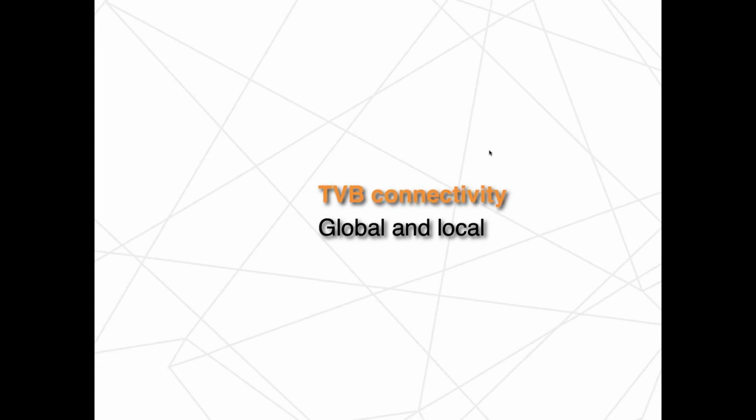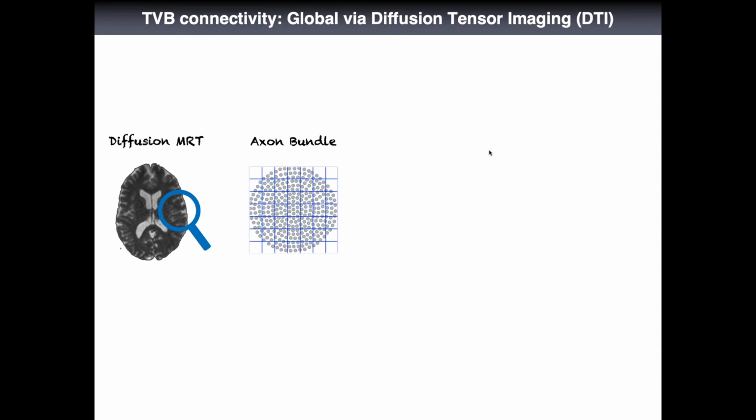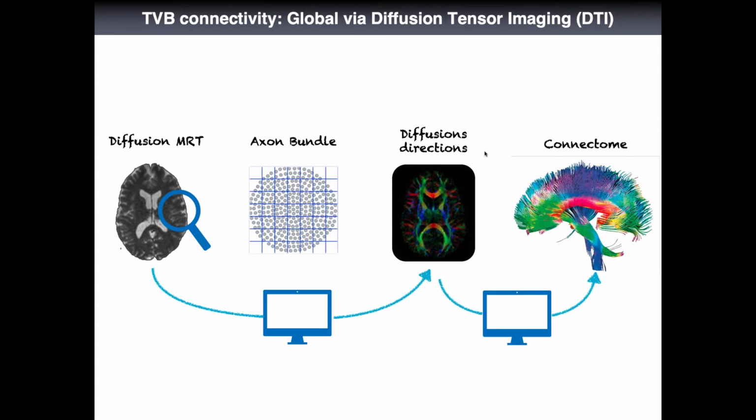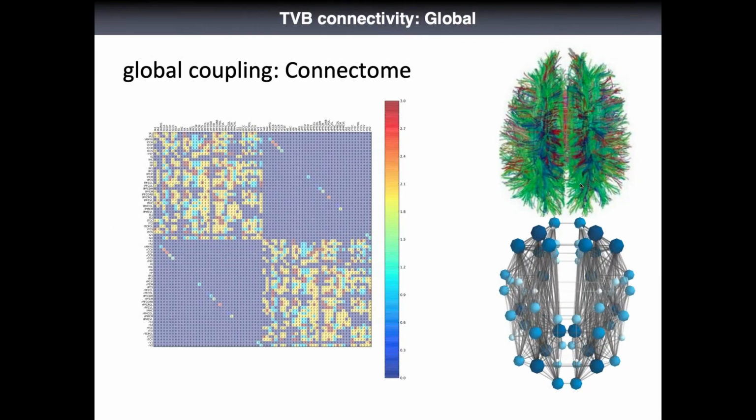Now, we need also to connect this network, of course, and this happens through global and local connections. First of all, global connections, which we construct via diffusion tensor imaging. We start from diffusion MRI, with which we can track axon bundles as they leave one region and go to another. There are algorithms that help us reconstruct the diffusion directions, and then using deterministic or stochastic algorithms, we can get representations of the white matter tracts, and we can count them and measure their lengths.